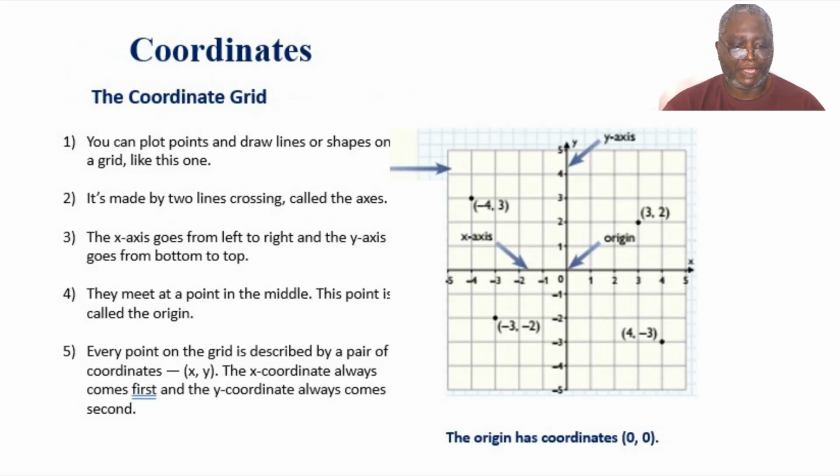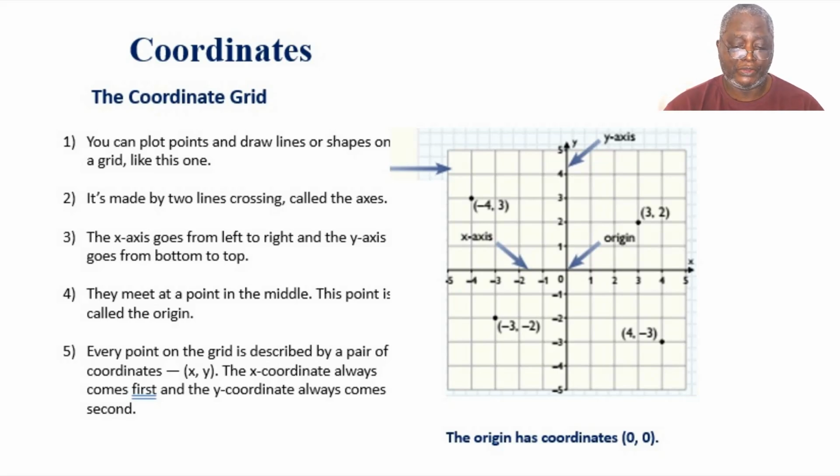Let's look at coordinates now. And first, the coordinate grid. What is it? You can plot points and draw lines or shapes on a grid like this one on the right. It's made by 2 lines crossing that we call the axes. The x-axis goes from left to right and the y-axis goes from bottom to top.